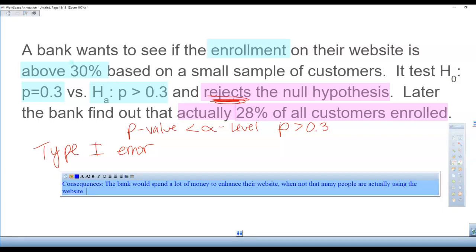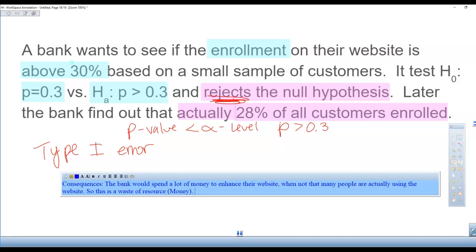So it ends up being a waste of resources, or money, okay?